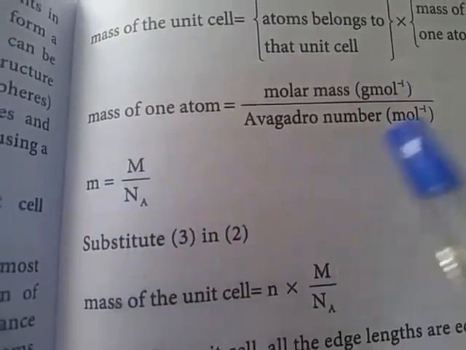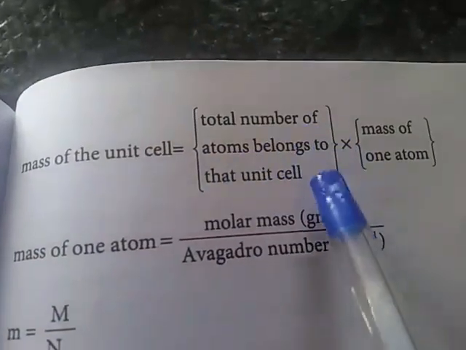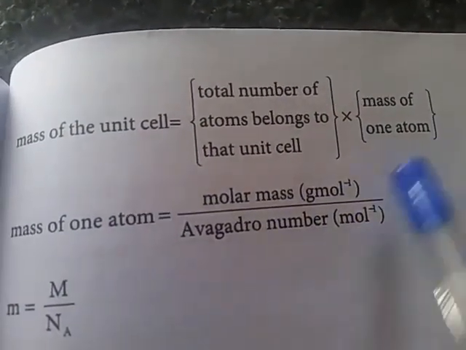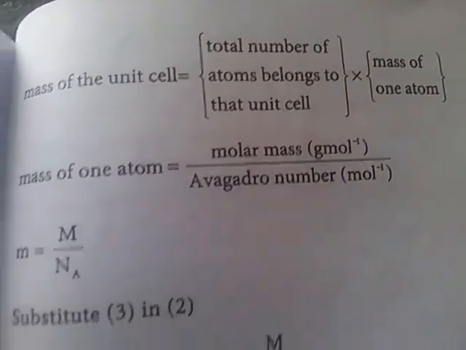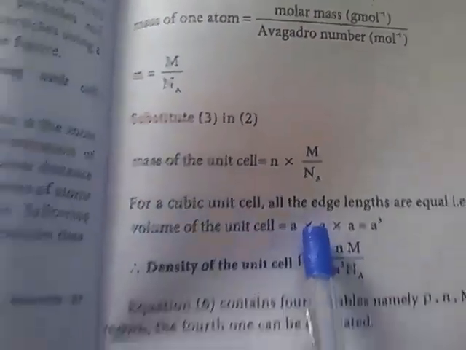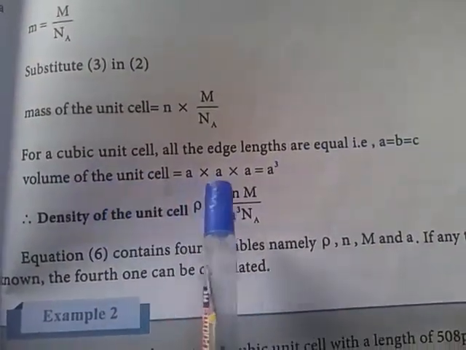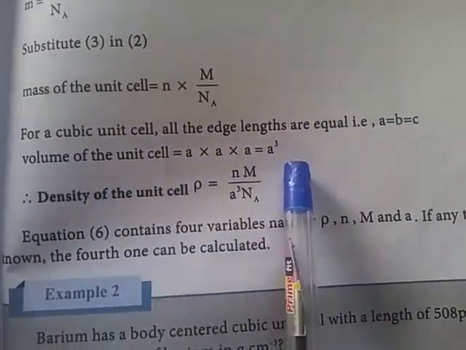Now substituting these values in the mass of the unit cell: the total number of atoms belonging to the unit cell is n and the mass of one atom is capital M by Na. For a cubic unit cell, all the edge lengths are equal, a equal to b equal to c, so the volume of the unit cell is a into a into a, equal to a cube.